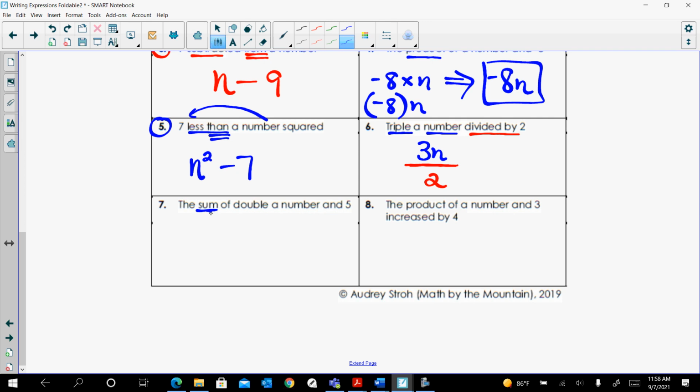What does that tell me? Okay, so plus. What else is the keyword? Double. So what does that tell me? Yeah, that would be 2n. So then and 5, right? So it would be 2n plus 5.